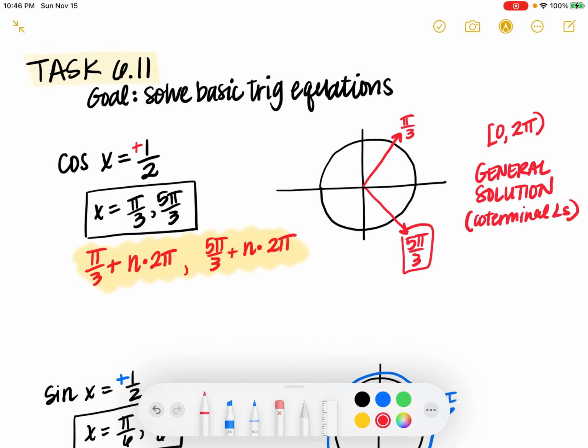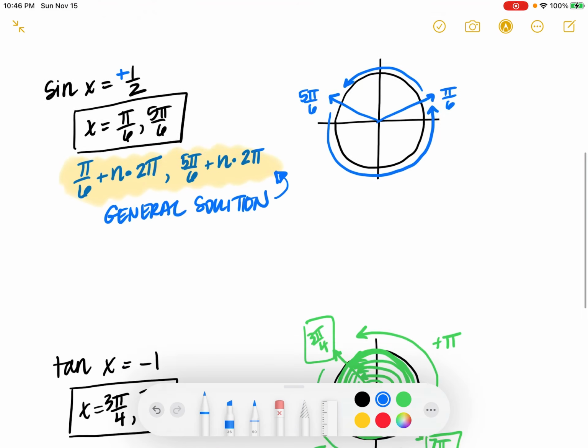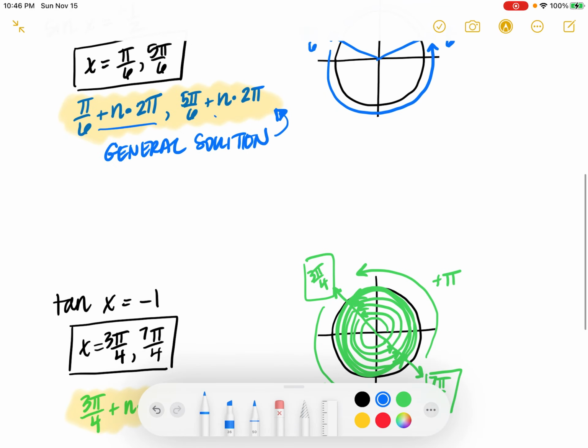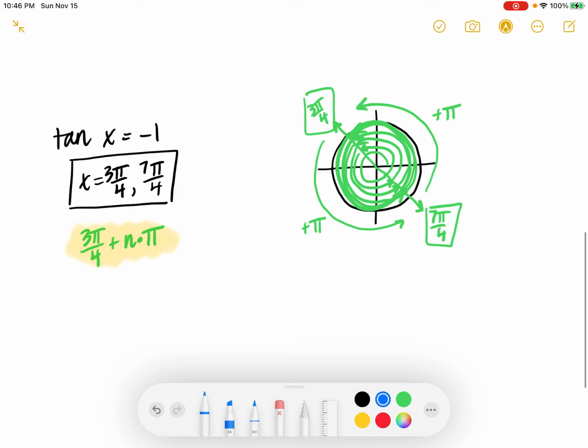And back here on cosine, this is not the same angle of rotation as this is. For that reason, we can't generalize it even further. We have to have two separate solutions to the equation. But because this one is even, we can have just the one solution.